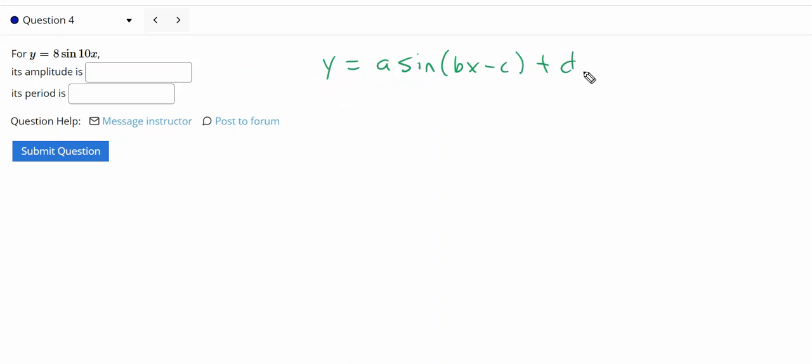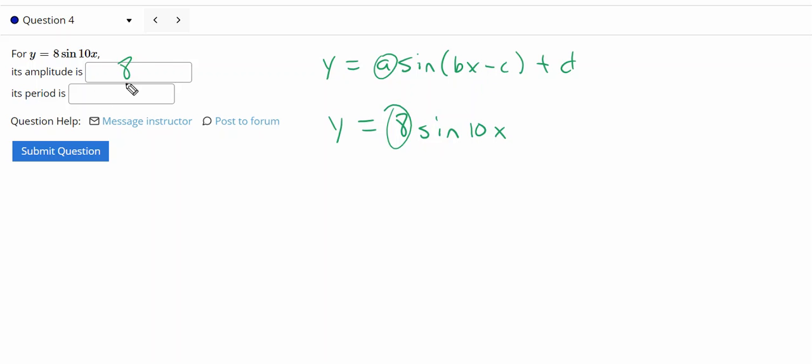That's always what I'm comparing everything to. So what is this 8? If I got y is equal to 8 sine 10x, well, the 8 is my a value, isn't it? So that's my amplitude. So my amplitude is 8.